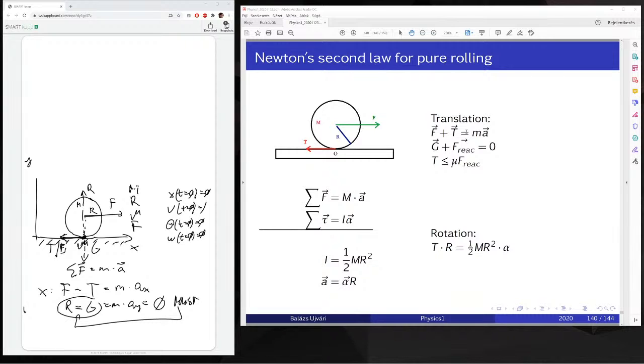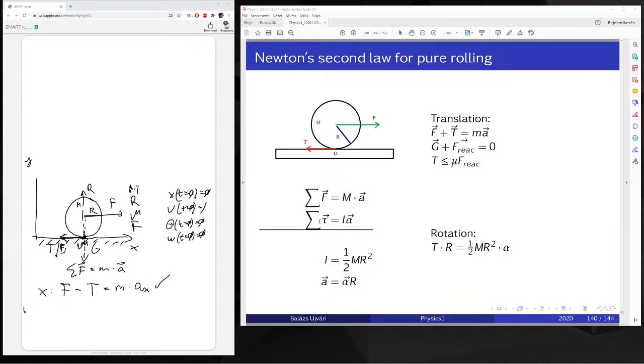What other conditions? So the first is the x motion and the other is the rotation. The dynamic equation for rotation means the sum of the torques has to be equal to the moment of inertia times angular acceleration. So look at the picture.